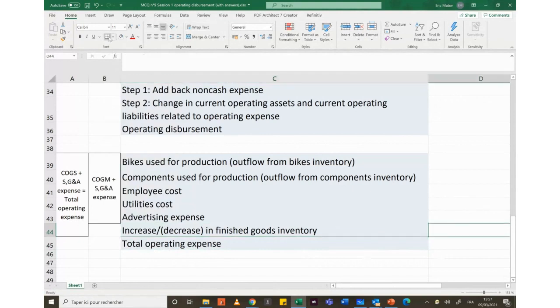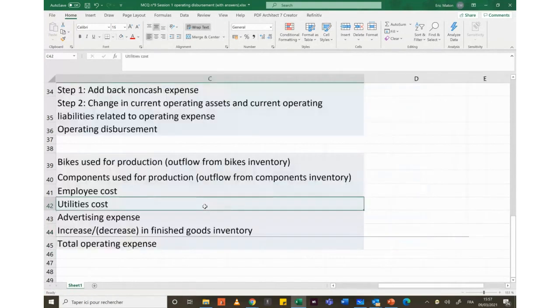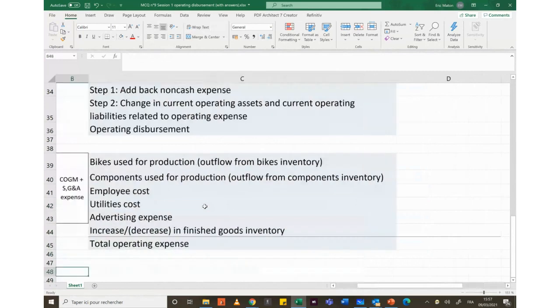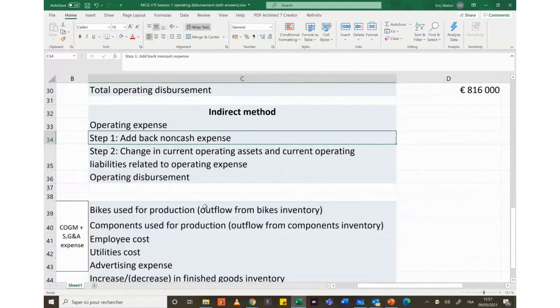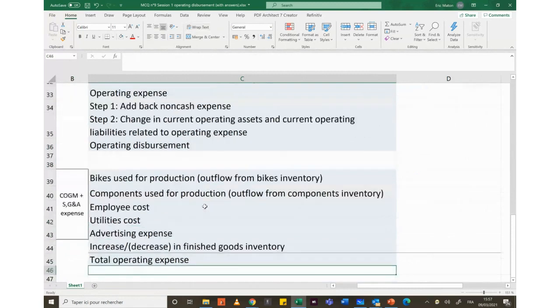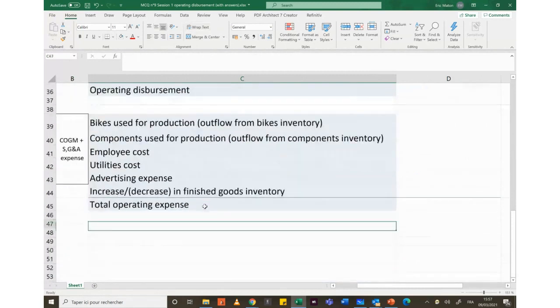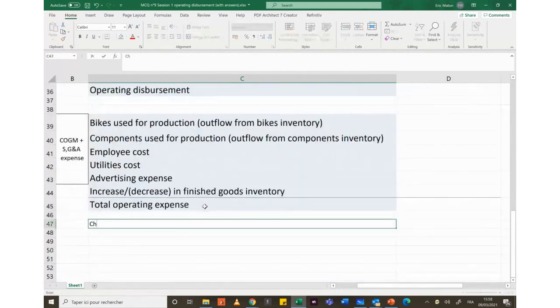From the total operating expense, what I want is the operating disbursement. So I need to add back the non-cash expense and then the change in current operating assets and change in current operating liabilities. So I need to calculate the change in current operating assets.